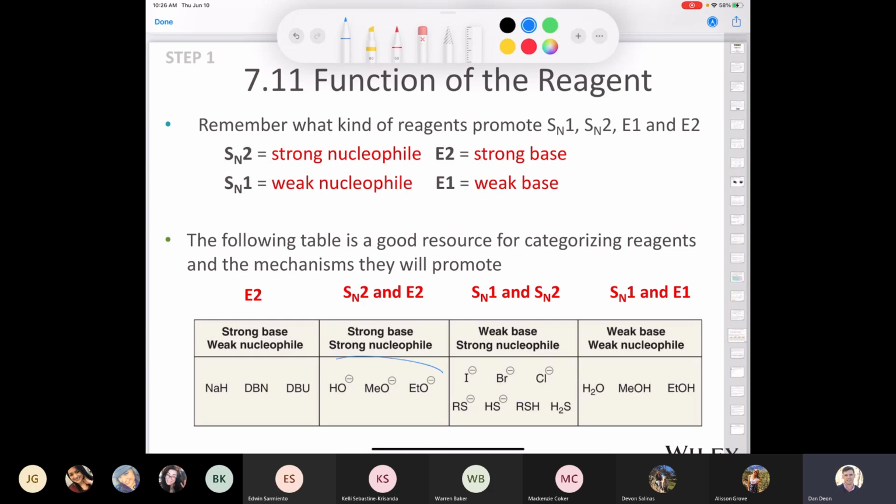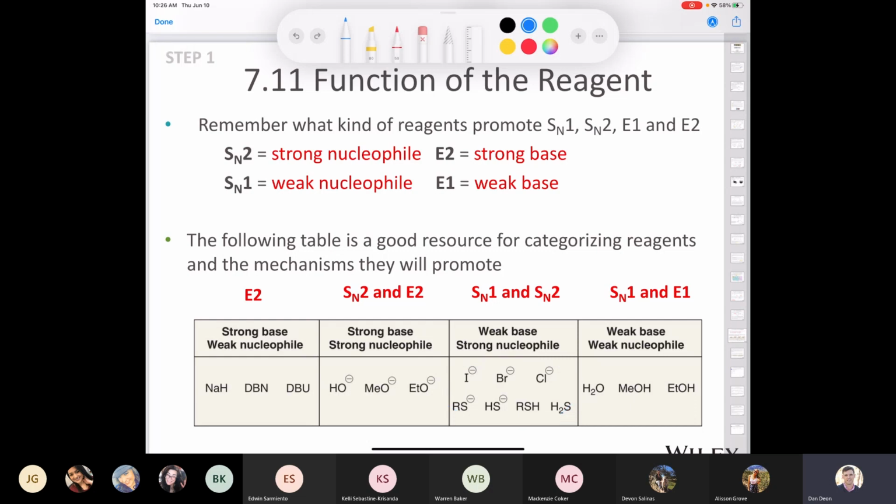Something like a hydroxide, a methoxide, an alkoxide, an ethoxide. Those are going to be strong bases, but they're also strong nucleophiles, okay? Other strong nucleophiles are things like iodide, bromide, chloride, sulfide, hydrosulfide, thiolate, or hydrogen sulfide rather. So all of those. And then what about elimination?